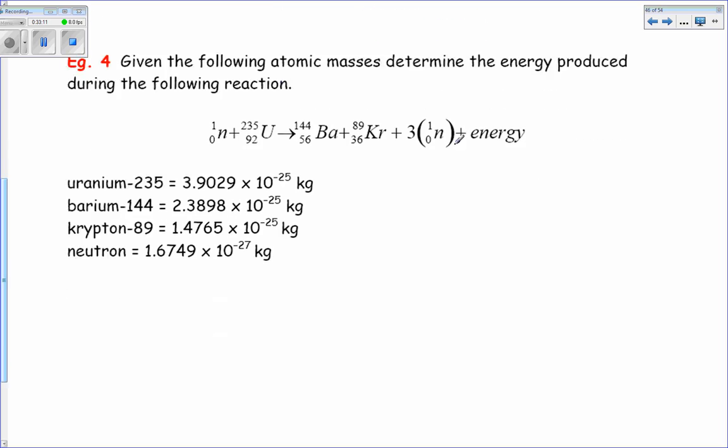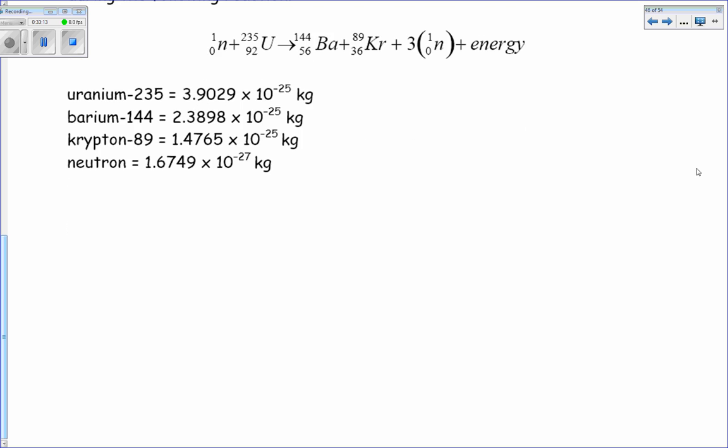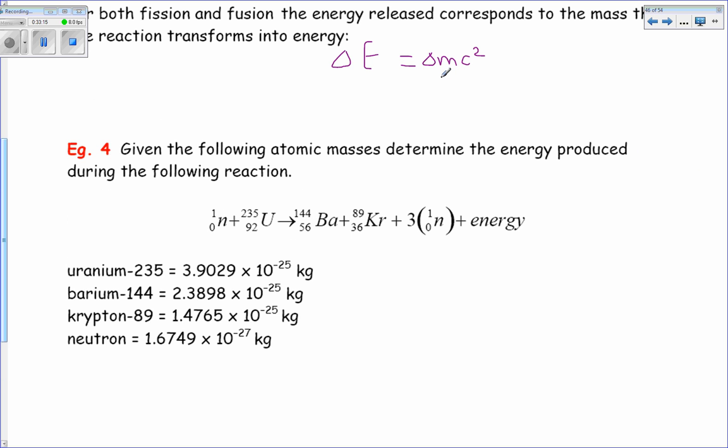What we want to find here is this reaction, and again I'm going to do this in the text box. Given the following atomic masses, determine the energy produced during the following reaction. This is going to be our before. The change in mass is going to be the initial mass minus the final mass, which I know is kind of backwards.